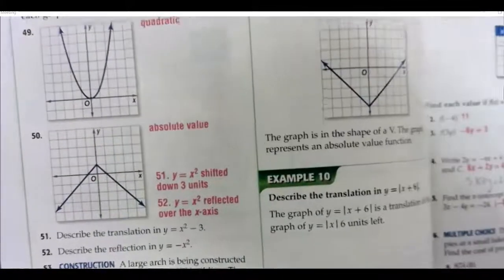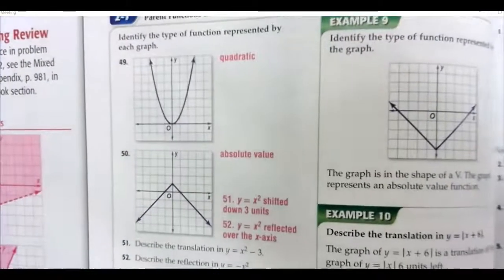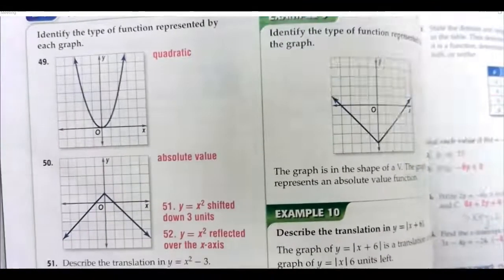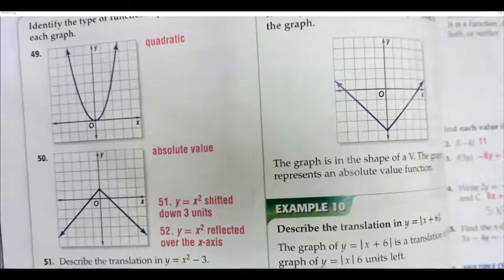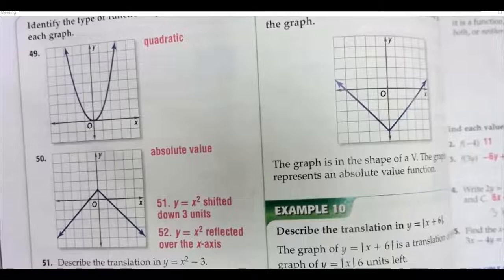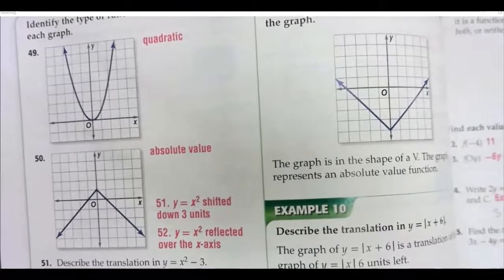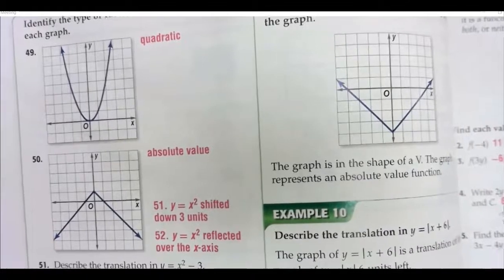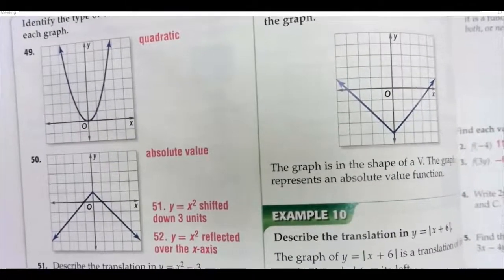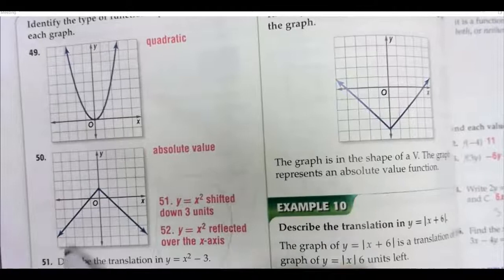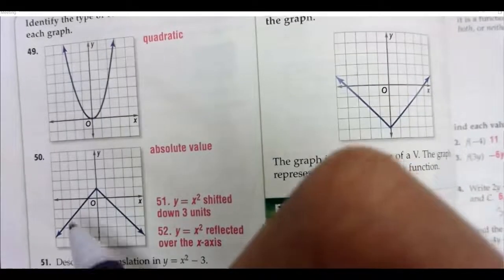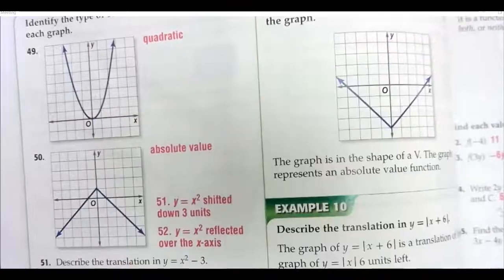Okay, yesterday we talked about identifying functions and what they represented. 49 is a quadratic and 50 is an absolute value. If you had an absolute value function, then I would anticipate that you could identify its vertex, domain, and range. So the equation of that absolute value function, its vertex is at 0, 1.